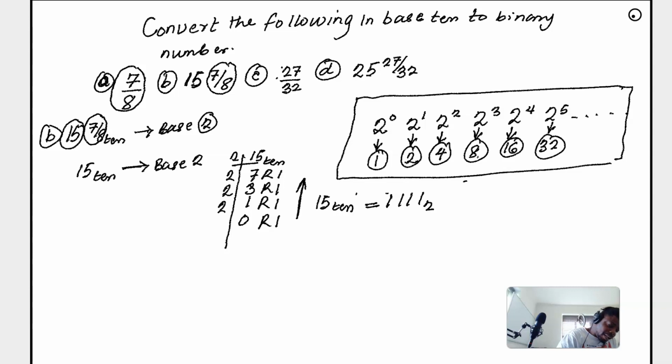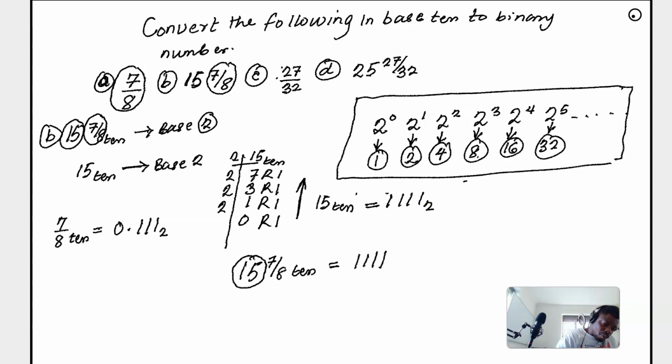Now, let's go to the fractional part, 7 over 8 base 10. We already did this for question A, and we got 0.111 base 2. So in this case, I can say 15 7 over 8 in base 10 is equal to, what is the whole number solution, which is this, 1111.